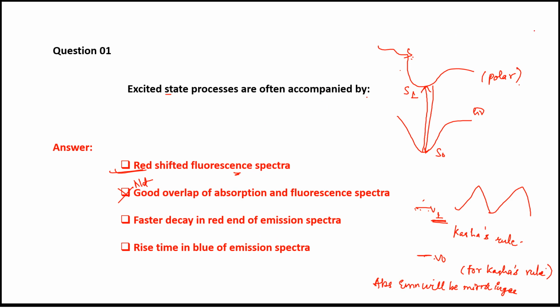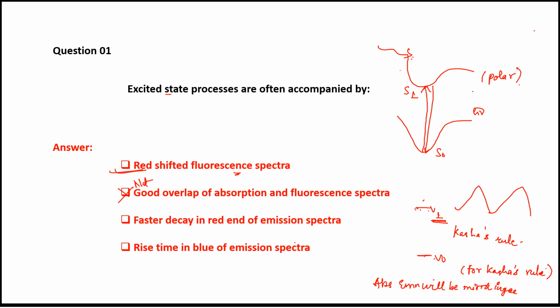What excited state processes are often accompanied by redshifted fluorescence spectra, good overlap of absorption and fluorescence spectra, and faster decay in the red end of the emission spectra, rise time in the blue of the emission spectra. Once again, I'll try to repeat and help you understand.